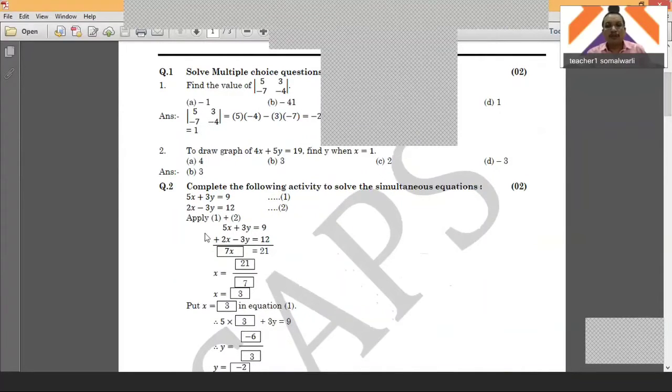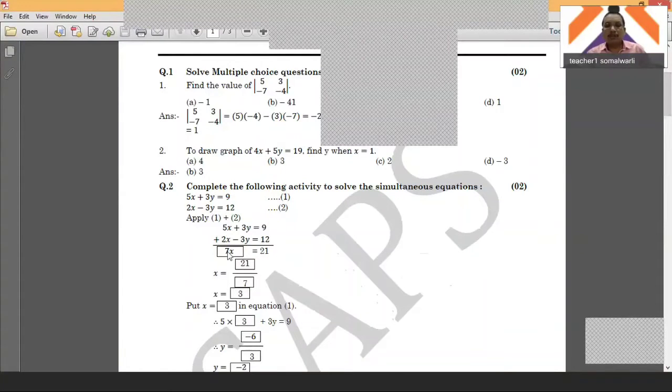So apply adding both here, plus 3y minus 3y get cancelled, and 5x plus 2x is equal to 7x. On the right side of the equal to sign, 9 plus 12 gives 21. So finding the value of x, it is 21 upon 7.